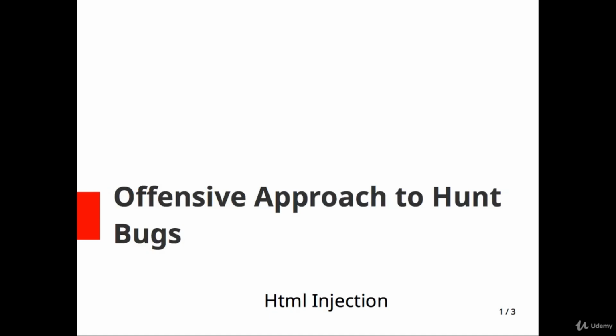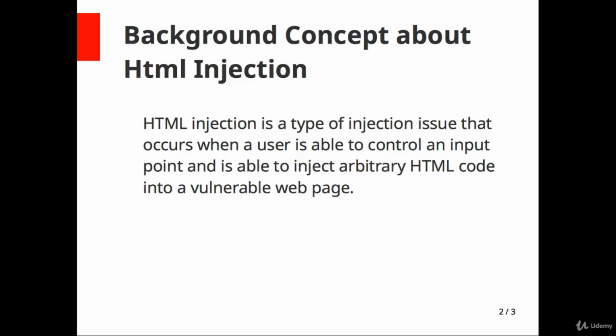Now we are going to talk about HTML injection. Let's talk about the background concept of HTML injection. HTML injection is a type of injection issue that occurs when a user is able to control an input point and is able to inject arbitrary HTML code into a vulnerable web page.